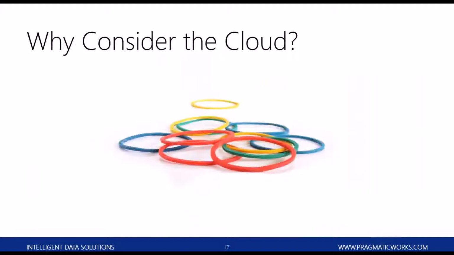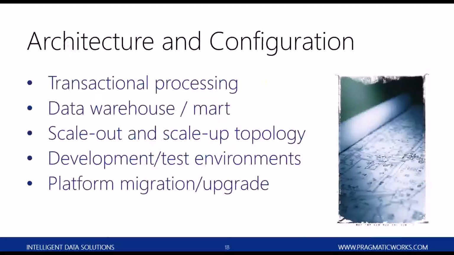Now, when you're looking at this, there's a lot that you can build out, and there's a lot that you need to consider when you're looking at your architecture. And there's a lot of reasons why you might be looking at your architecture again. That need to build out and enhance your transactional platform, or build out a data warehouse or a data mart.